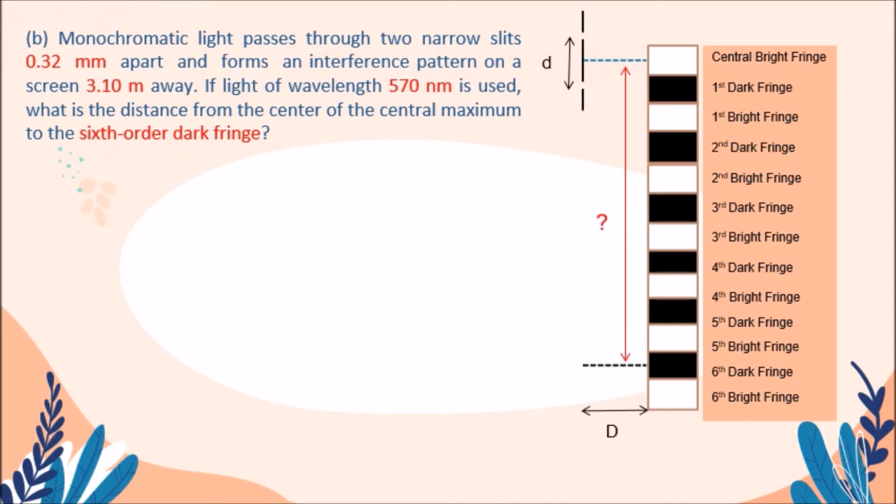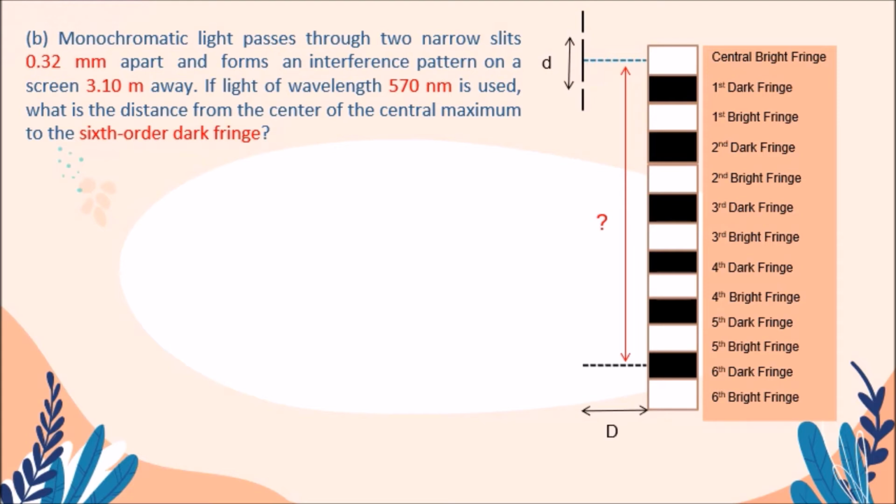For question B, monochromatic light passes through two narrow slits 0.32 mm apart and forms an interference pattern on a screen 3.10 meter away. If light of wavelength 570 nanometer is used, what is the distance from the center of the central maximum to the sixth order dark fringe?